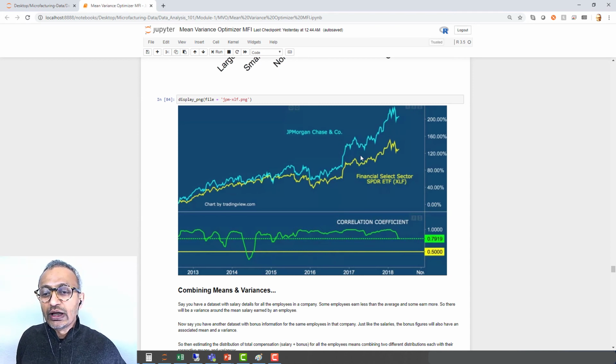Sometimes the correlation is close to 1, sometimes it drops below 0.5. So this is one way to look at correlation. What that also tells you is that sometimes you can deviate from what the inherent sector is doing. That's the risk of investing in one company: sometimes you are doing very good, sometimes pretty bad.